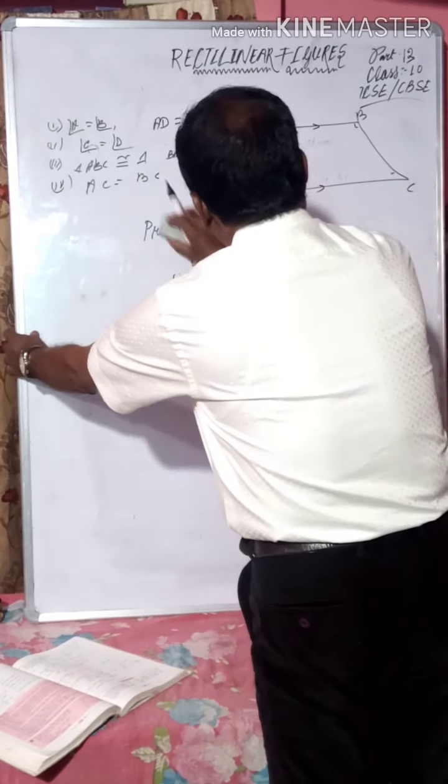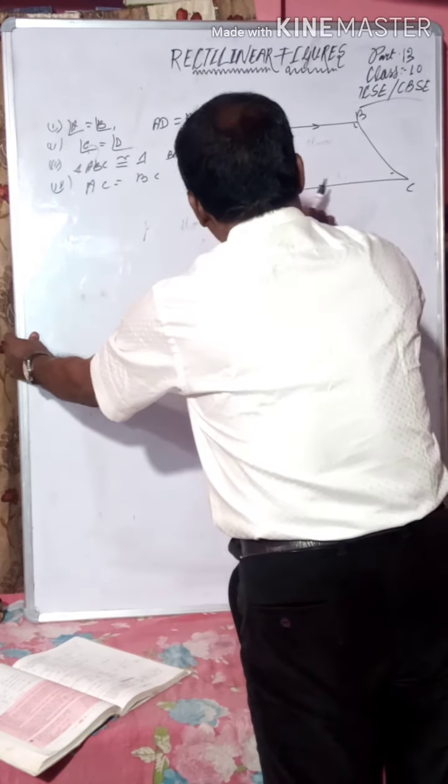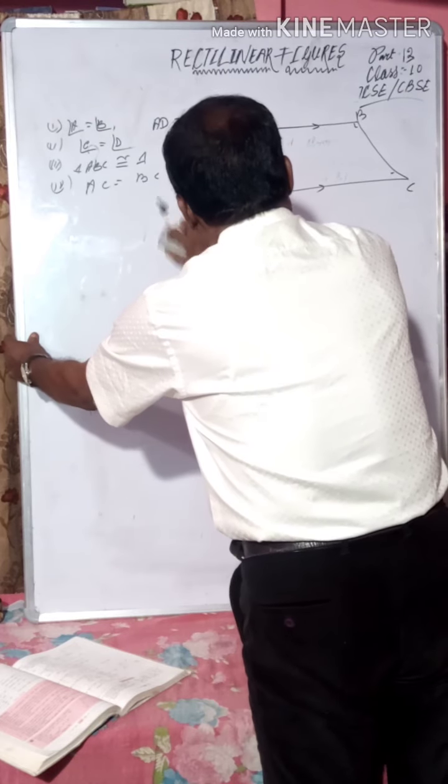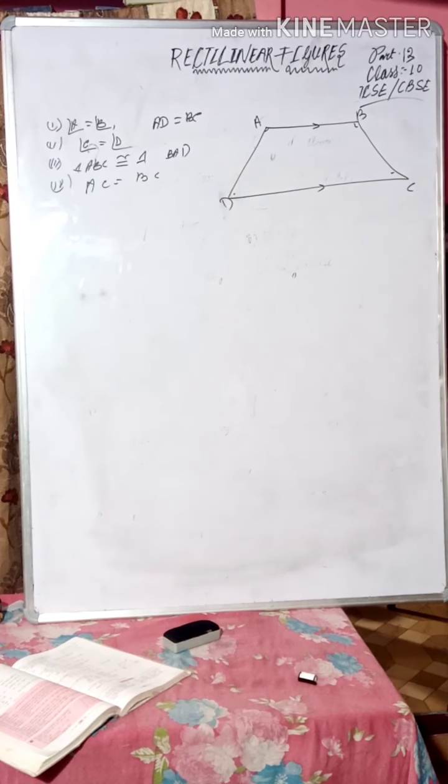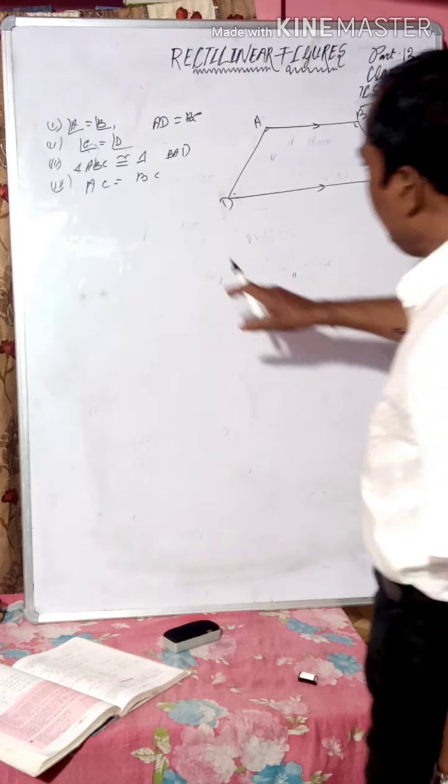Now here is a diagram, here is the given. So we have a large space to write these things.